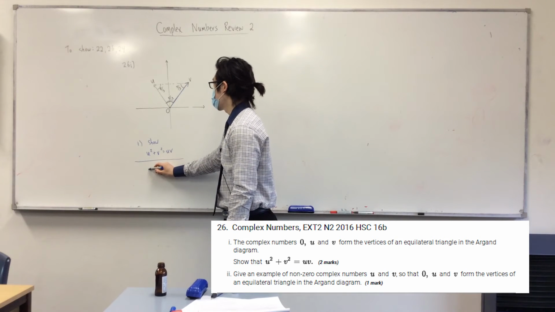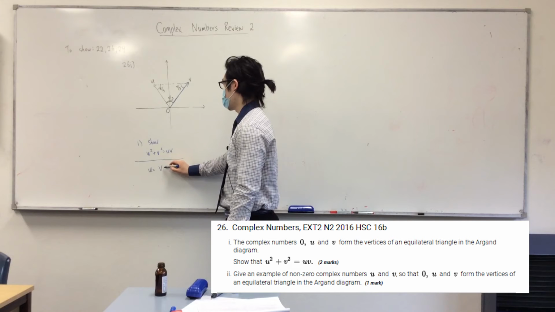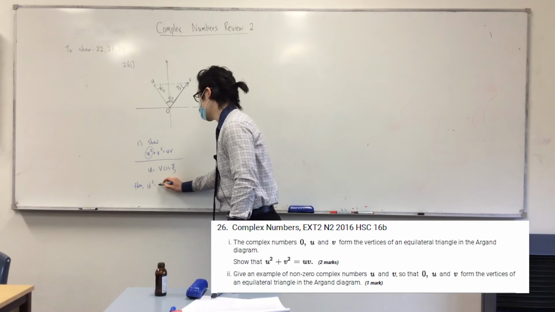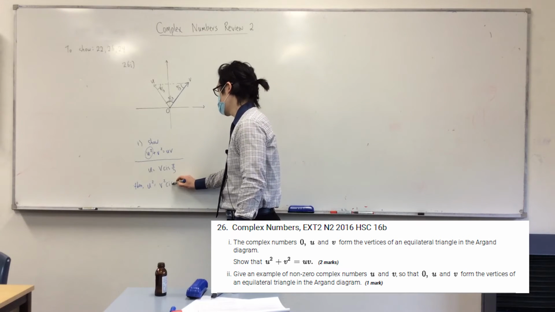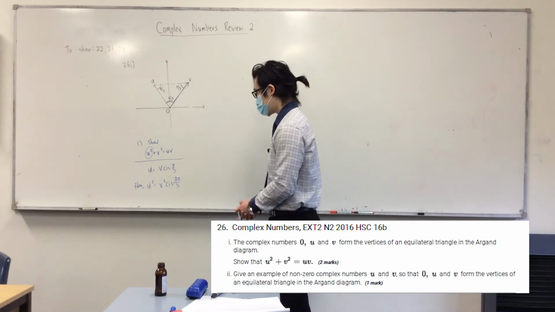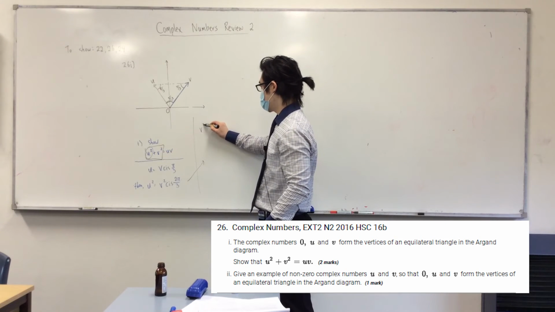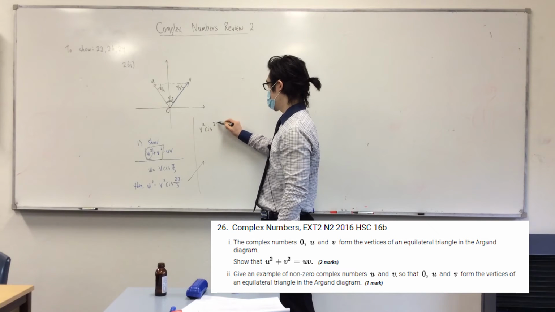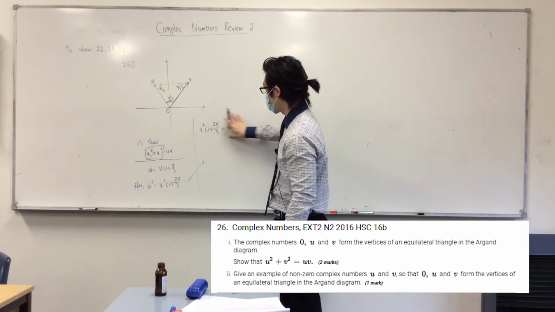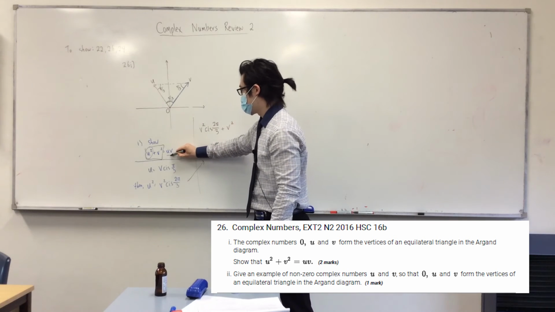Well, as we can see, U is equal to V cis pi over 3. Then U squared, using De Moivre's theorem, okay, so we got that. U squared is that, plus V squared. So let's see if that is equal to that.